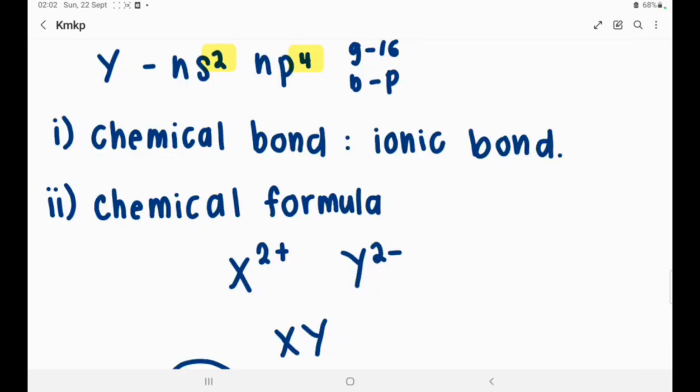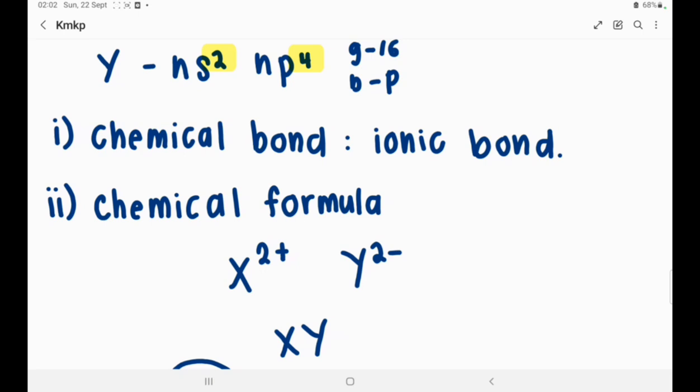So to know the chemical formula between X and Y, we need to know the charge for X and Y. The charge for X is positive 2 and the charge for Y is negative 2. Why is the charge like that?